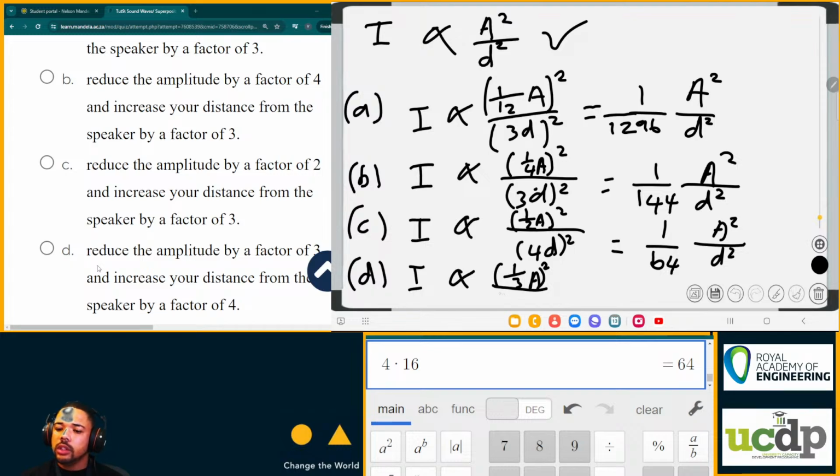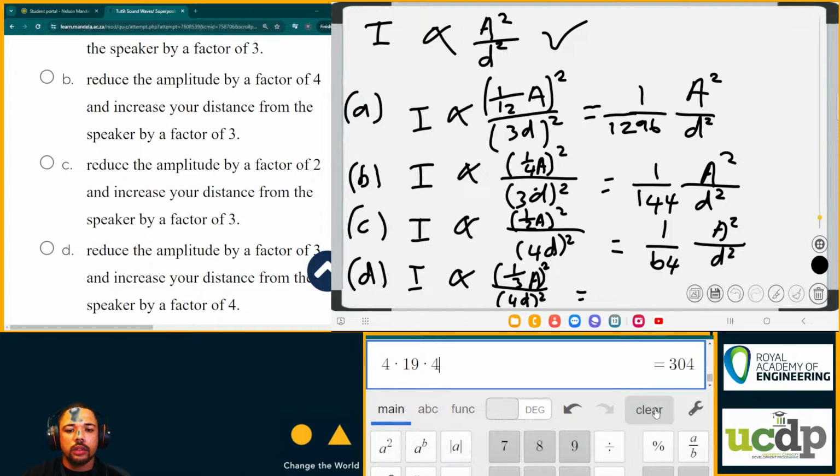And we increase the distance by 4, 4d squared. That gives us 9 times 4. 9 times 4 is 36.